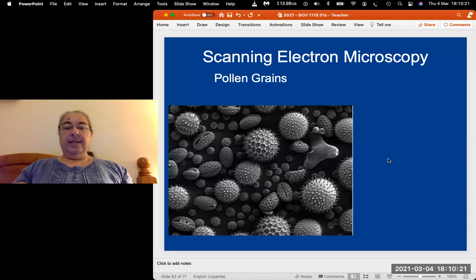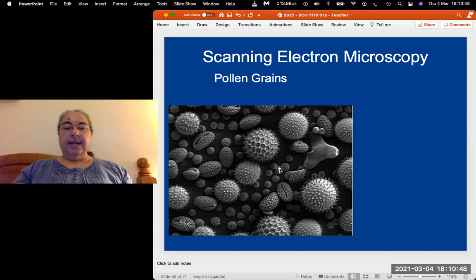And here is a scanning electron micrograph of pollen grains. This is what I mean about being able to see surface details. You can't actually see anything inside these pollen grains using this technique, but you can see the outside shapes of these tiny, tiny pollen grains, pollen from different plants, each having different characteristic shapes.